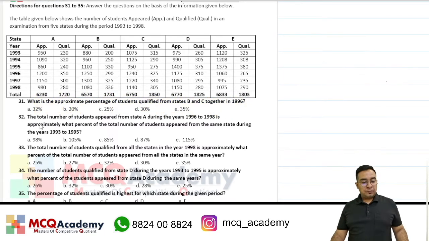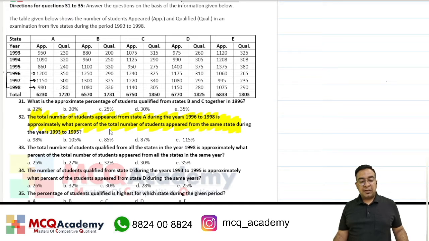Question number 32. The total number of students appeared from state A during the year 96 to 98 is approximately what percent of the total number of students appeared from the same state during the year 93 to 95. तो क्या करना होगा यहाँ पे, total number of students appeared from 96 to 98 किसके लिए, for state A. तो यहाँ पे हमारे पास में add up होंगे 1200, 1150 and 980.